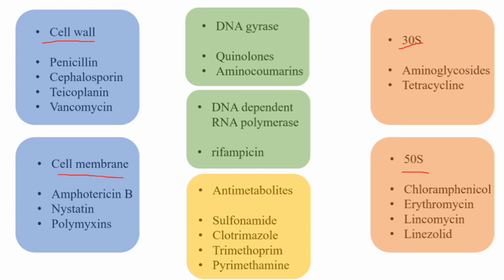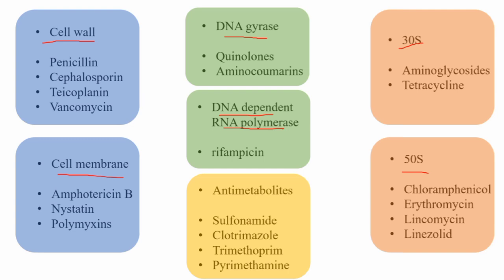The DNA. So these can be classified into two categories. The DNA gyrase inhibitors such as quinolones, aminocoumarins, etc. And DNA dependent RNA polymerase inhibitors. Polymerase is the enzyme. Okay. So that includes rifampicin.